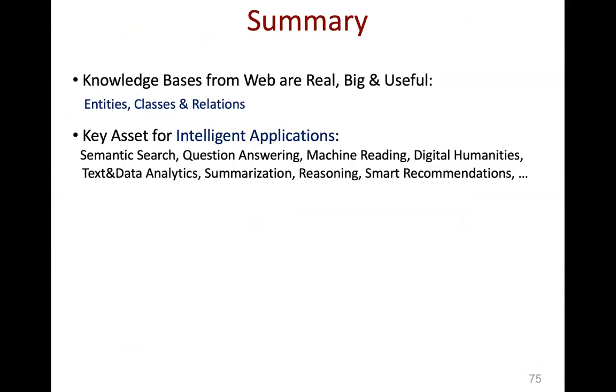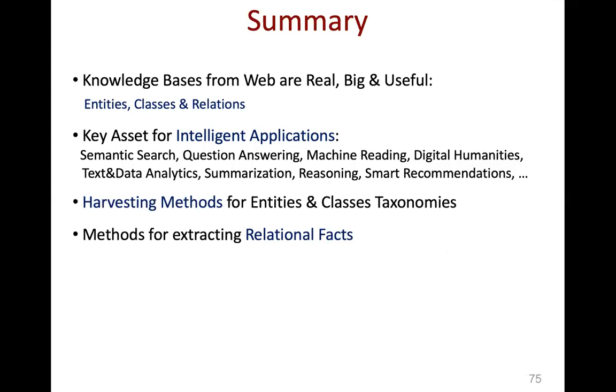So to summarize, knowledge bases from the web are really big and very useful. We have entities, classes, relationships. The key assets of this whole universe are, of course, intelligent applications: semantic search, question answering, machine reading, digital humanities, text data analysis, summarization, reasoning, smart recommendations.